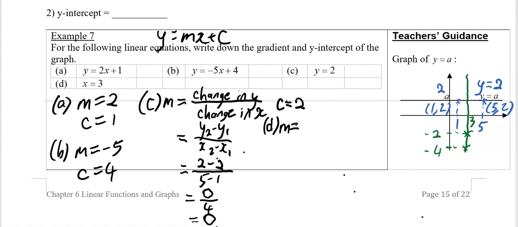So if I look at my y values, it will be -2 minus -4 divided by change in x. Now, notice that the x value on both points is 3. Why? Because the points are (3, -2) and (3, -4).